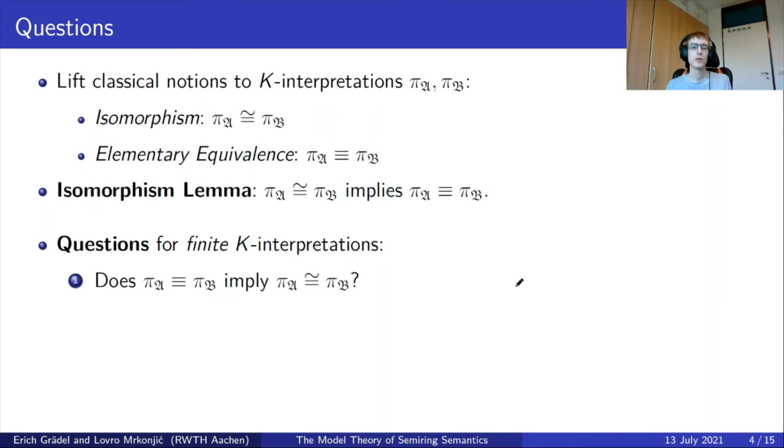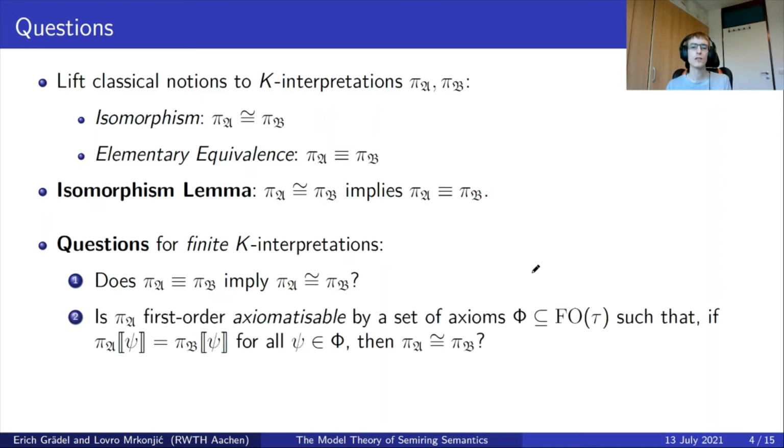So basically we could also equivalently ask for K-interpretations whether there is a set of axioms so that our K-interpretation pi A is axiomatized by this set, meaning that if some other K-interpretation agrees with pi A on all the axioms from this set, then they must be isomorphic.